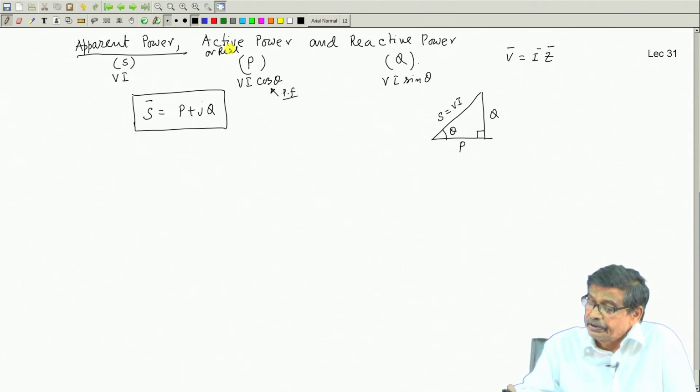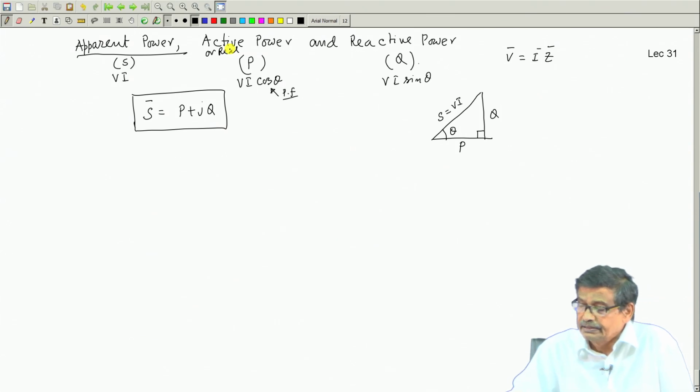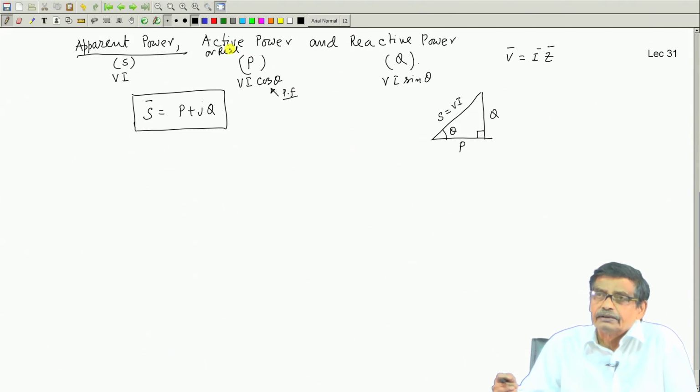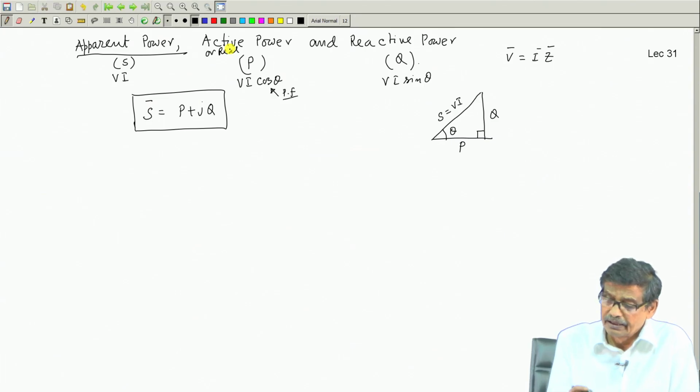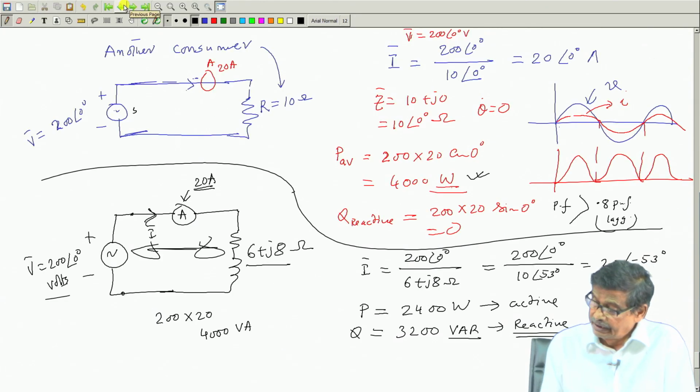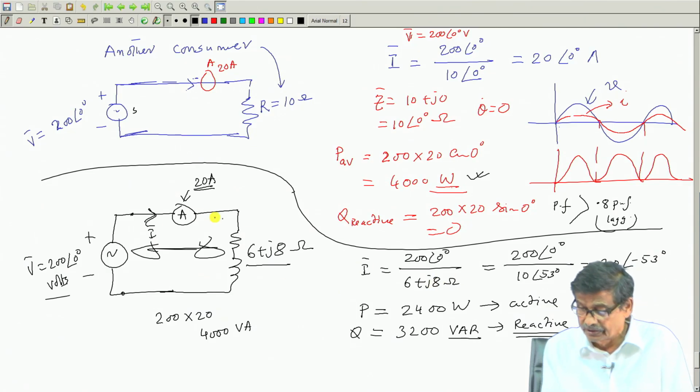The other portion Q, which is V I sin theta, is reactive power, and it oscillates going to and fro between the source and the load and is never consumed. In my last lecture, I told you how to calculate active and reactive power for this simple circuit here.